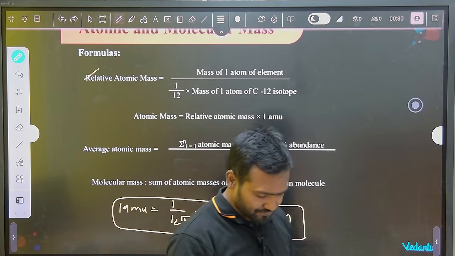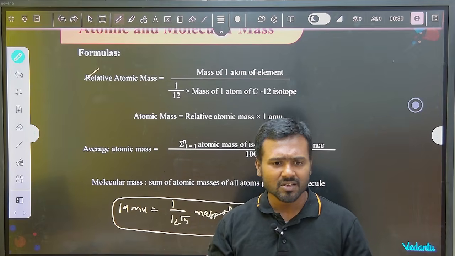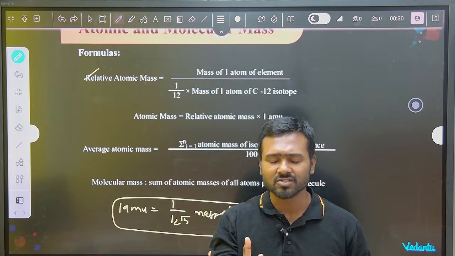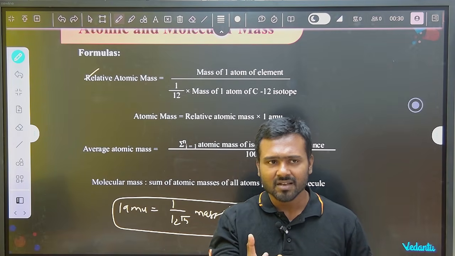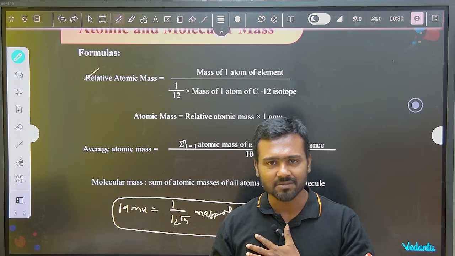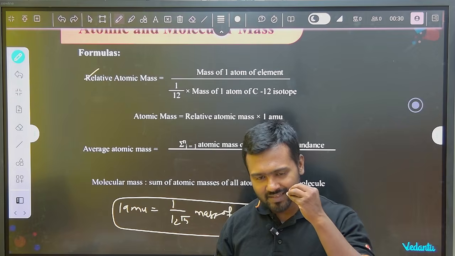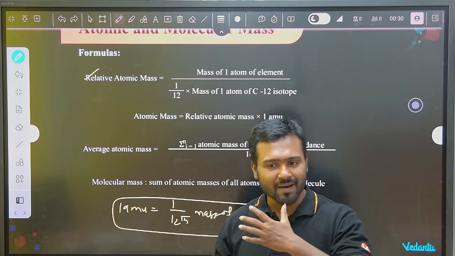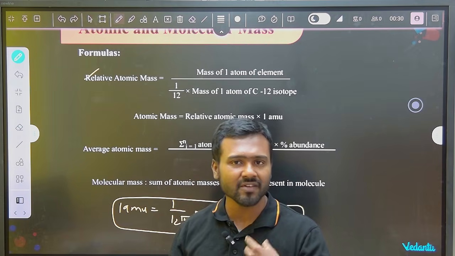Here, anything we are saying is a relative mass. Let's take your mass as 1 gram and my mass as 10 grams. So I am 10 times heavier than you. Or consider your mass is 1 gram and my mass is 60 grams, then I am 60 times heavier than you.